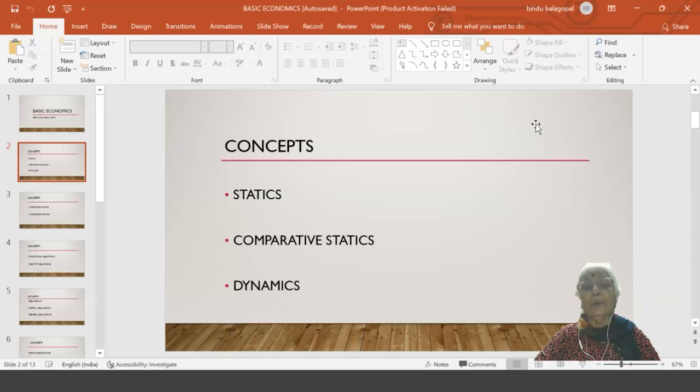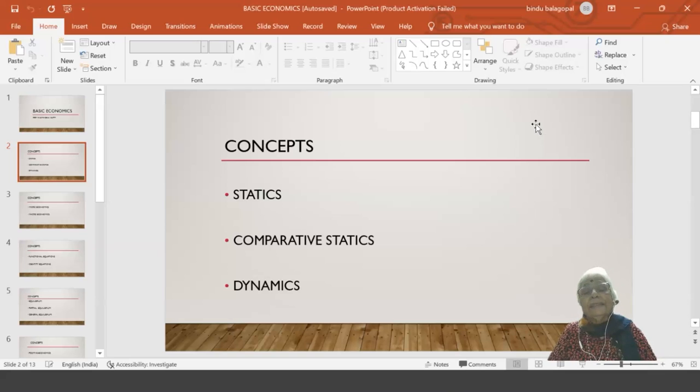You picture the economist with a toolbox. There are several tools, and the tools are used according to the problem and according to the situation. And these concepts come in handy when you are dealing with problems.